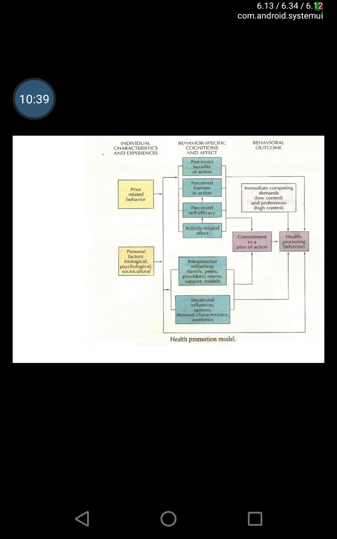Over these environmental factors he has low control. But with preferences he has high control; somehow he manages his time or his schedule to do the exercise.